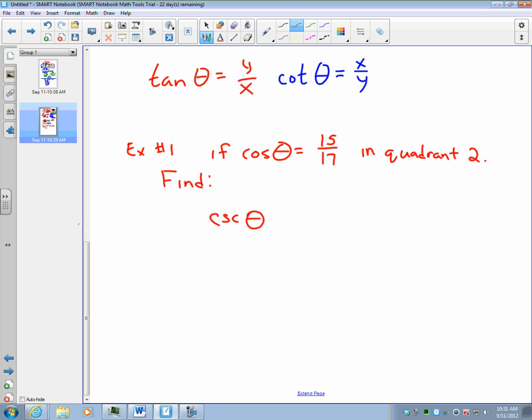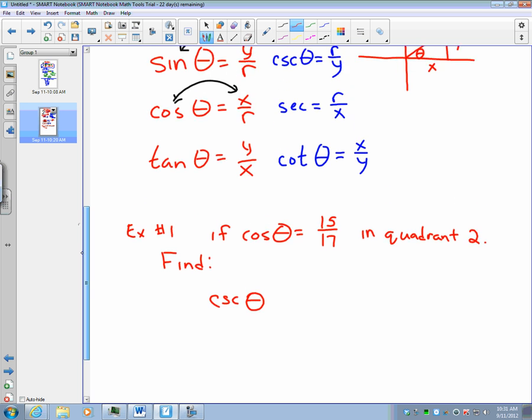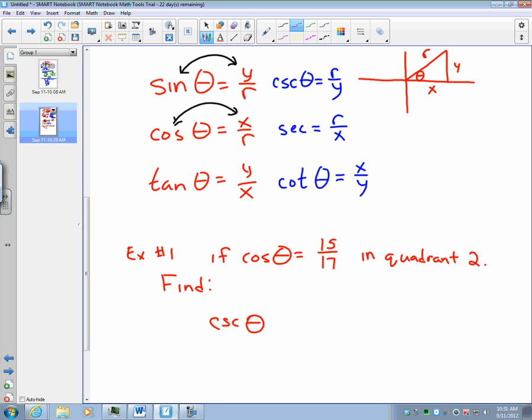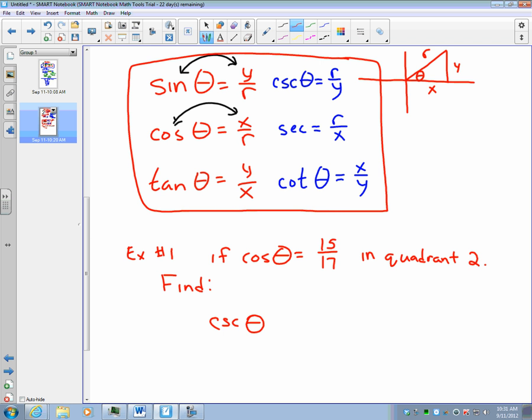Here's how this question goes. It's a pretty straightforward question, and what you're going to be using is this information right here, so hopefully you have written it down someplace where it's accessible. If cosine theta equals 15 over 17 in quadrant 2, find cosecant theta.